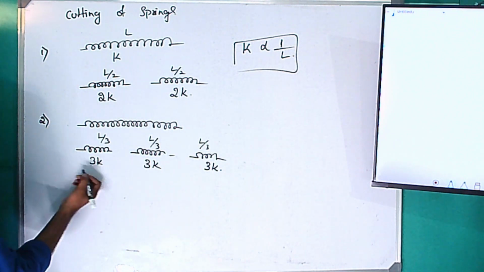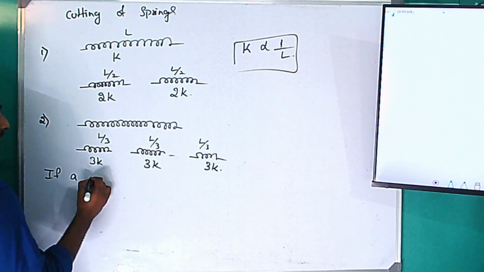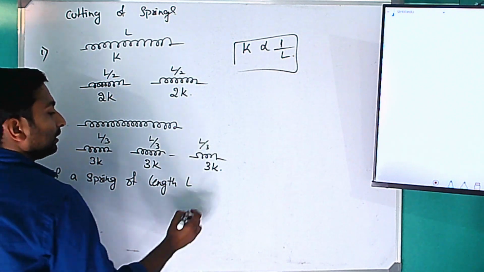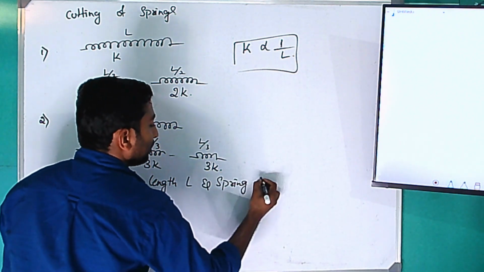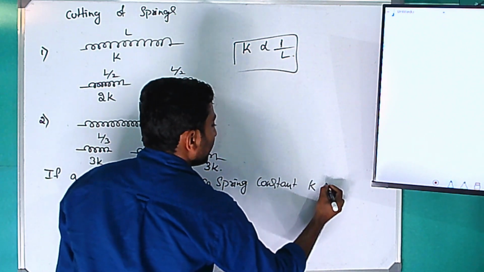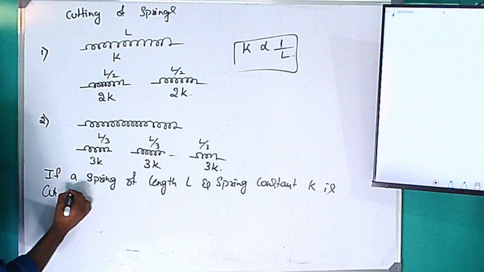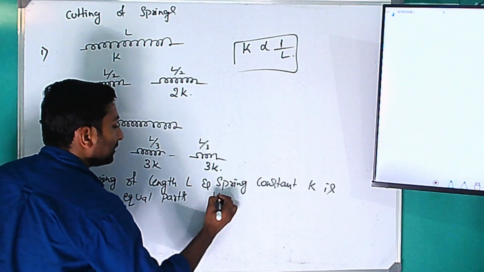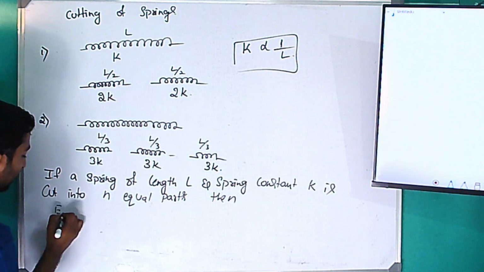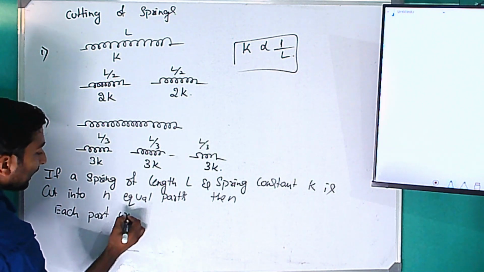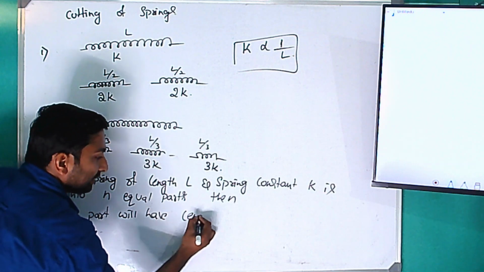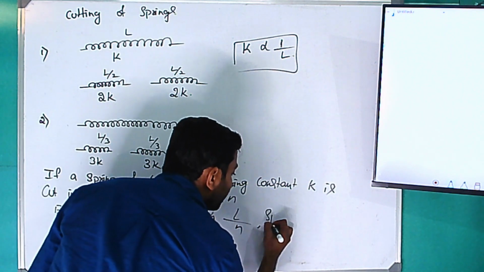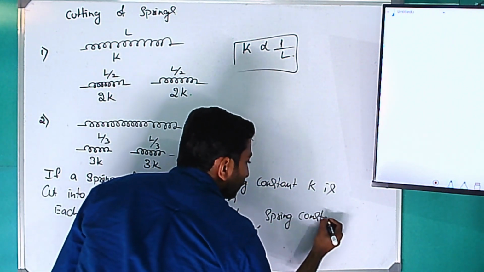If a spring of length L and spring constant K is cut into n equal parts, then each part will have length L/n and spring constant nK.